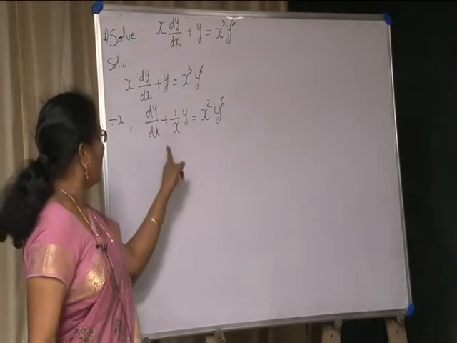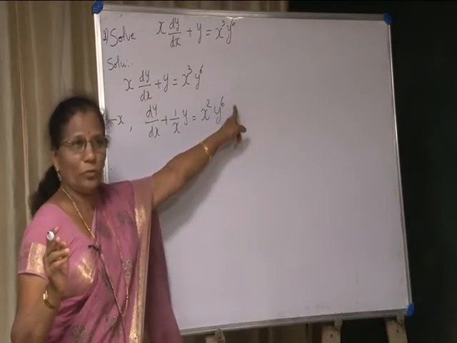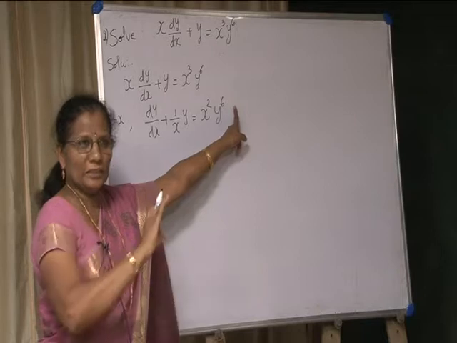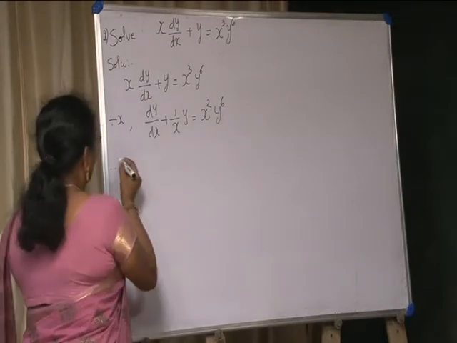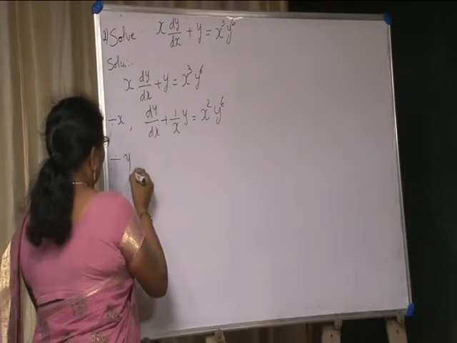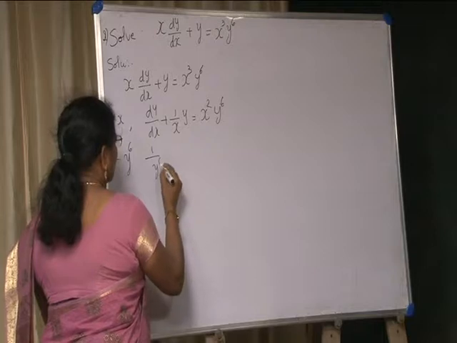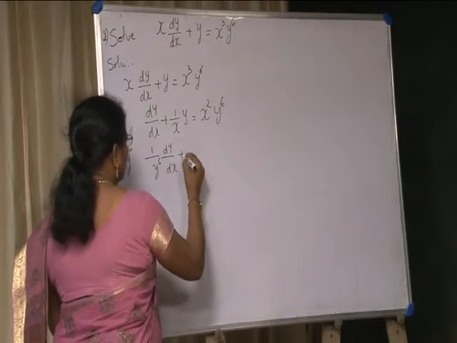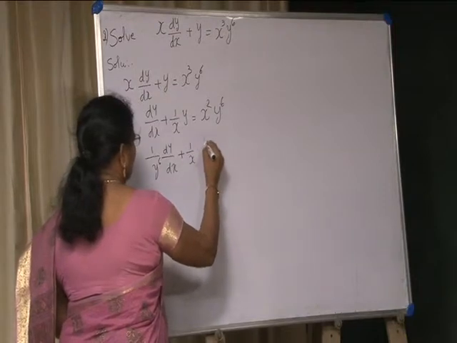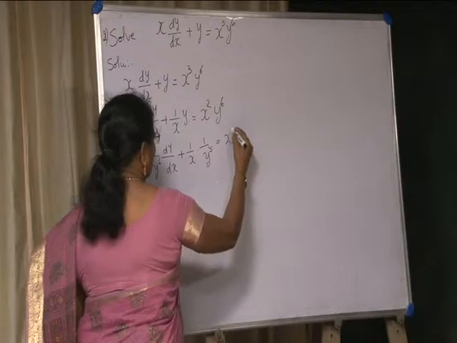This is dy by dx plus Py equals Q into y to the power of n, as in the Bernoulli's form of equation. Divide by y to the power of 6: 1 over y to the power of 6 dy by dx plus 1 over x, 1 over y to the power of 5 is equal to x squared.